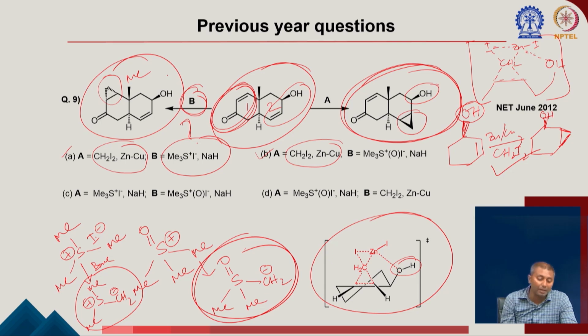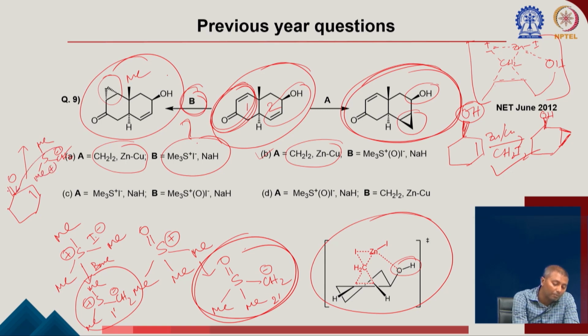That means if you take an alpha beta unsaturated carbonyl, let us call this reagent 1 dash and this 2 dash. Now if you take this 1 dash reagent with an alpha beta unsaturated carbonyl compound, the corresponding sulfonium ylide is going to attack the carbonyl compound. From O minus, it is going to come back, and you can go through the notes in detail, to form the corresponding epoxide.